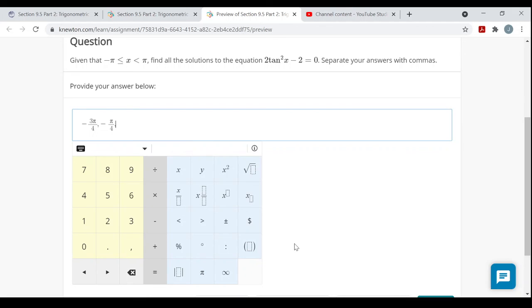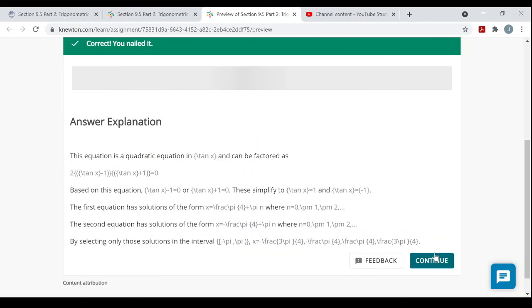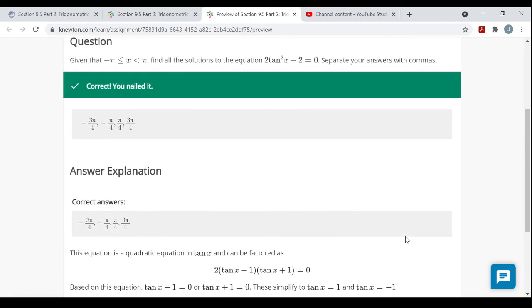Comma, positive 1 pi over 4. Comma, and then positive 3 pi over 4. And that's it, all 4 of those. It's like, hey, you nailed it, hooray.